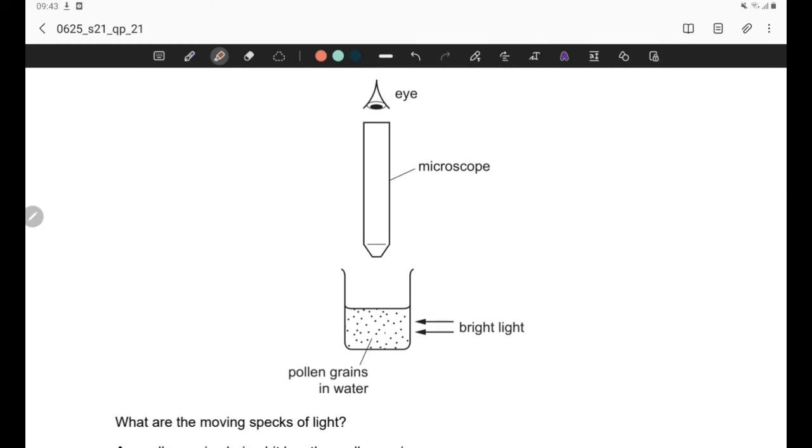Through the microscope, we can see the pollen grains moving. We cannot see molecules of the liquid. That is the most important point you should know. Even though we are using a microscope, we can't see the molecules as their size is too small. We can see only pollen grains.